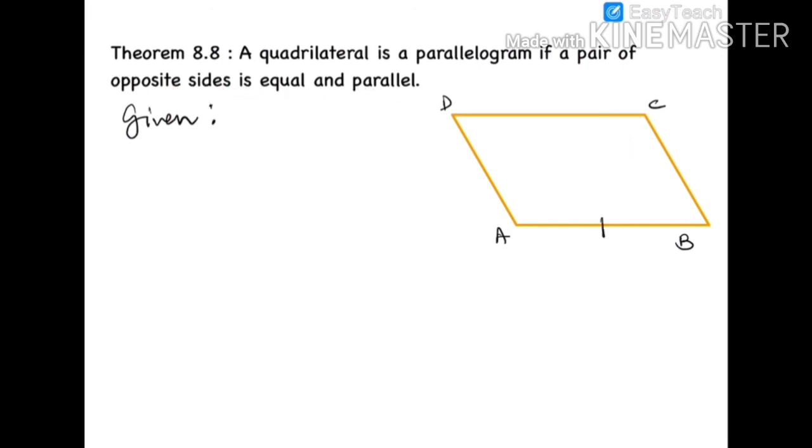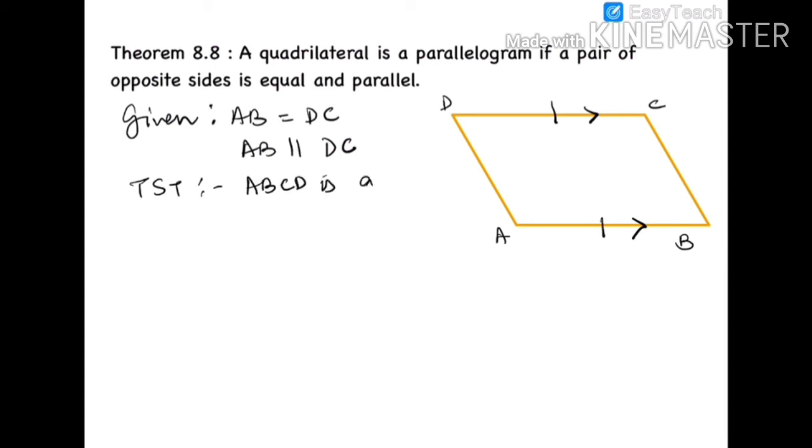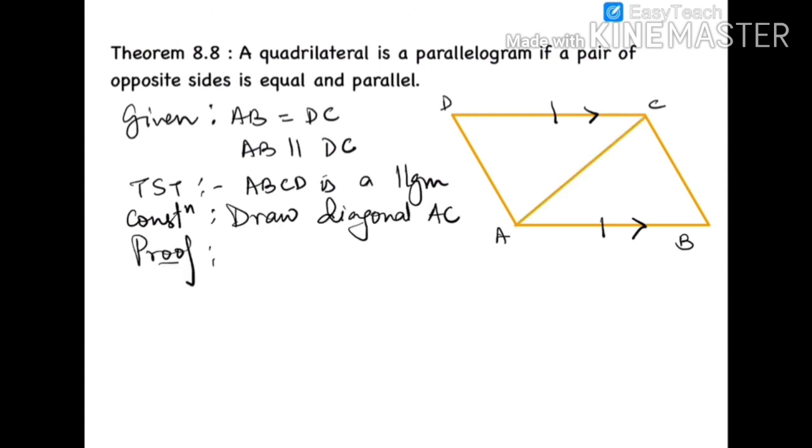So let's say AB is equal to DC and AB is also parallel to DC. We have to show that this quadrilateral is a parallelogram.